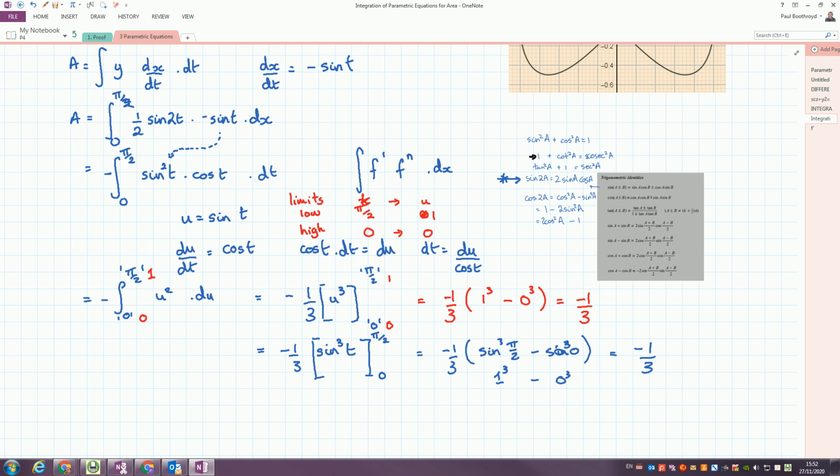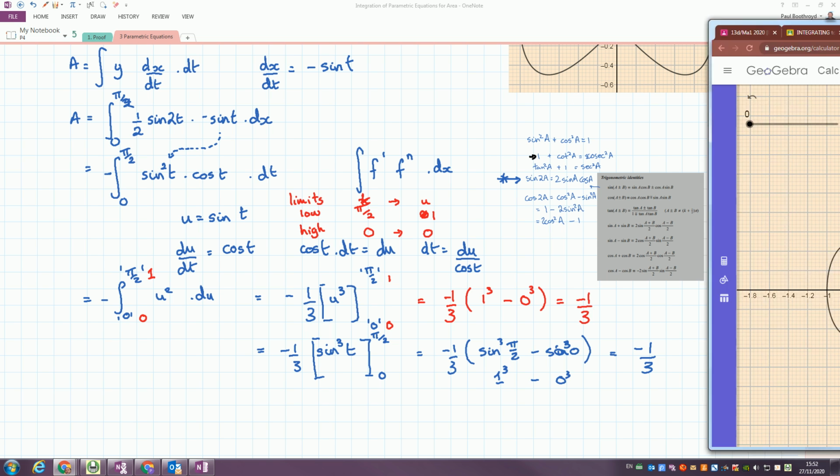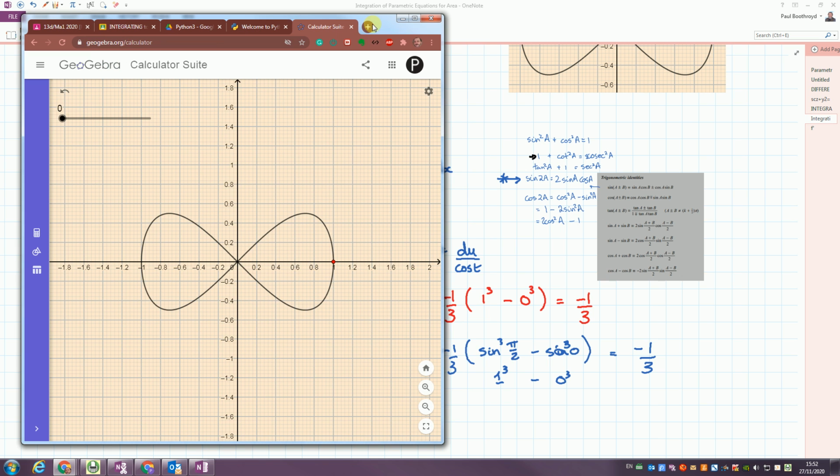So that's the actual area they're talking about. And if I show you on the graph, here's their function. We're starting with t as 0, and if I increase it to the point where t is pi over 2, we're talking about the area in the region between those two.